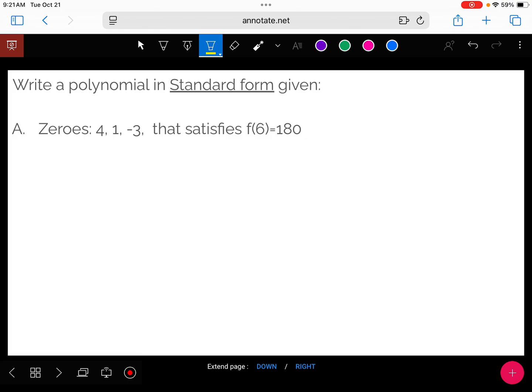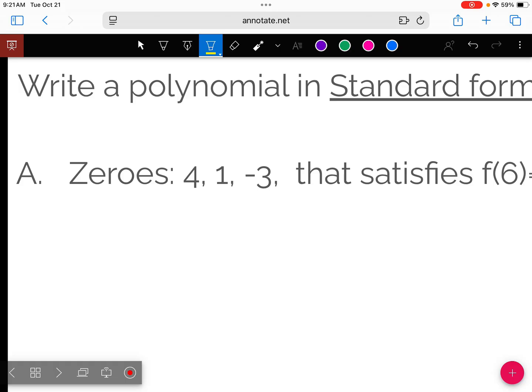So we're going to start out 100% exactly the way we did before, where I'm writing my equation, my f of x, using the zeros we have. We don't have an a value. We're going to have to find one, but we don't have one right now.